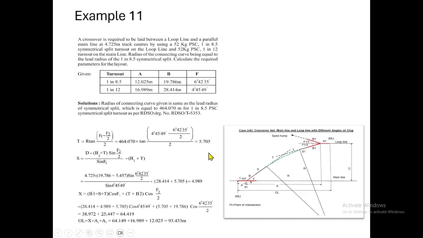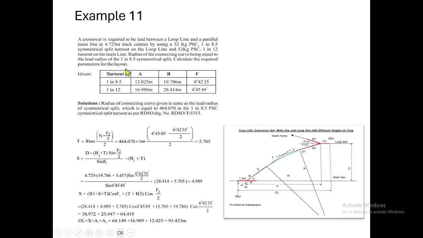Okay, right, coming to the numerical example here. A crossover is required to be laid between a loop line and a parallel main line, 4.75 meter track interval, by using 1 unit of symmetrical split on a loop line 1 in 12 and a main line, and the radius of the connecting curve will be equal to the radius of the 1 unit symmetrical split.